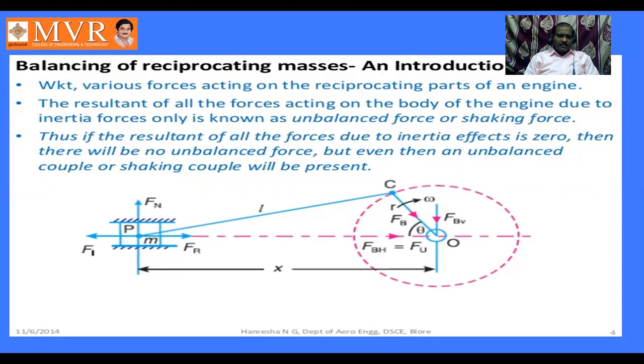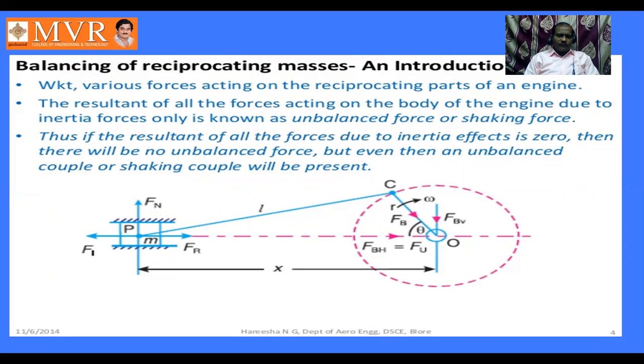Thus if the resultant of all the forces due to the inertia effects is zero, then there will be no unbalanced force. But even then an unbalanced couple or shaking couple will be present.